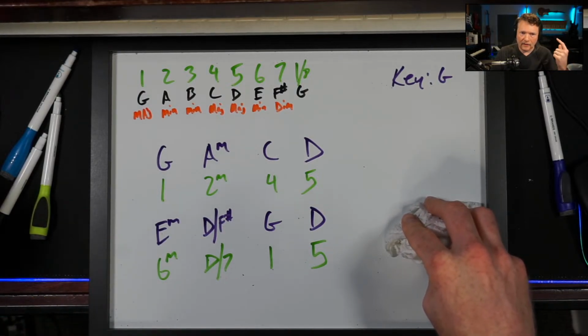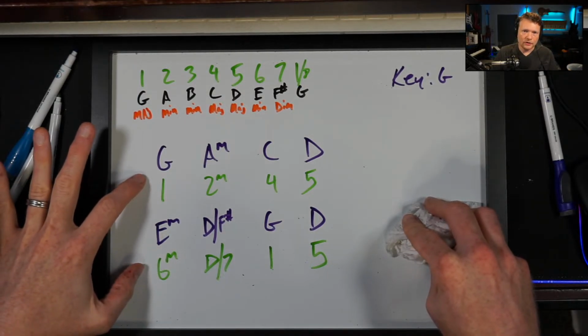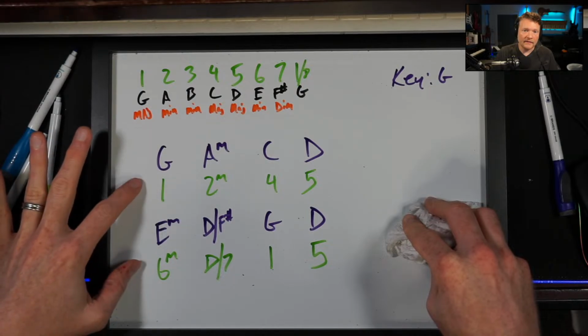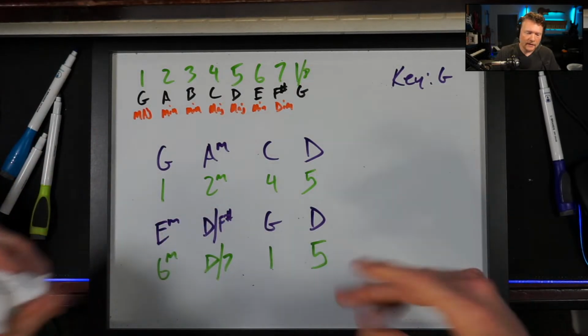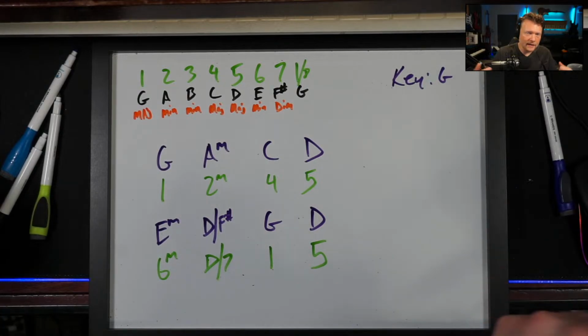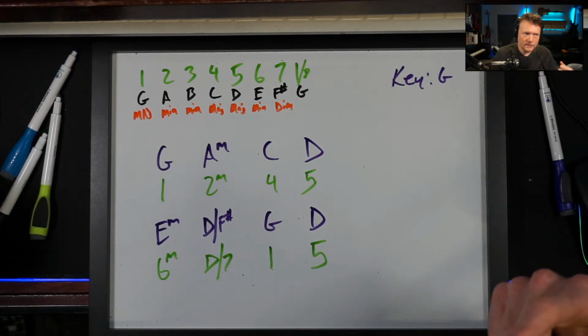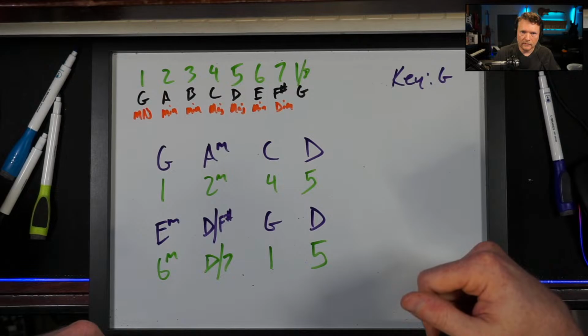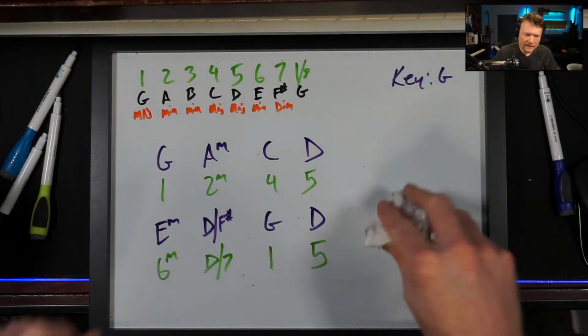And then all of a sudden the process just starts taking place. You'll hear a song in the key of F, and those skills are already there. Okay, so that's basically it.